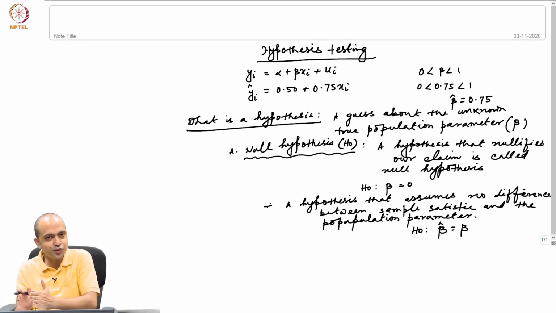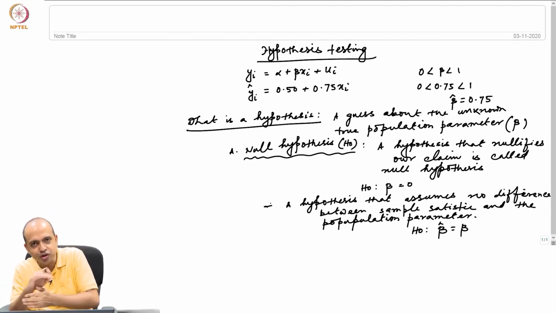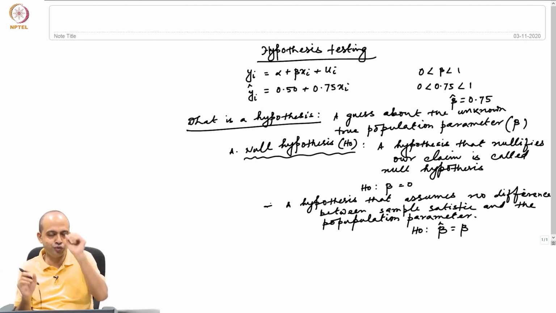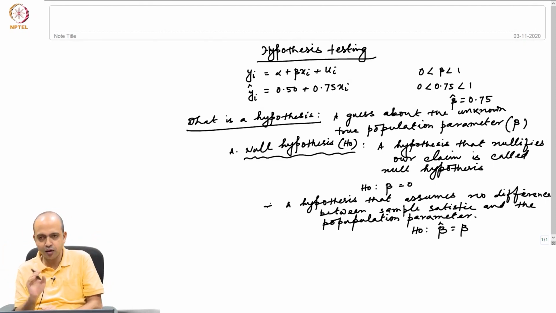For the time being, just understand that a null hypothesis is a hypothesis which nullifies our claim. Simple. You try to identify your claim, that income has a significant impact on consumption, then you nullify. If you nullify, you will say that income does not have any impact on consumption. That means beta equals 0.